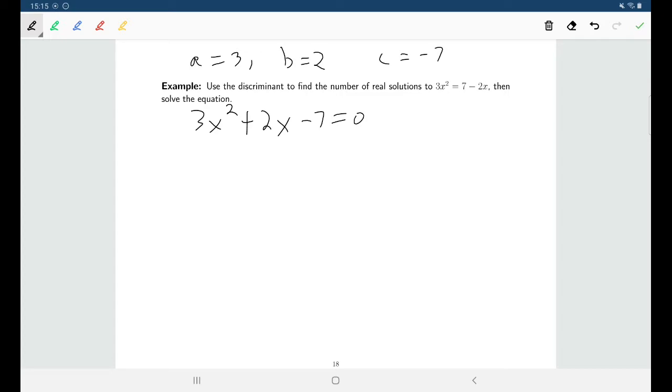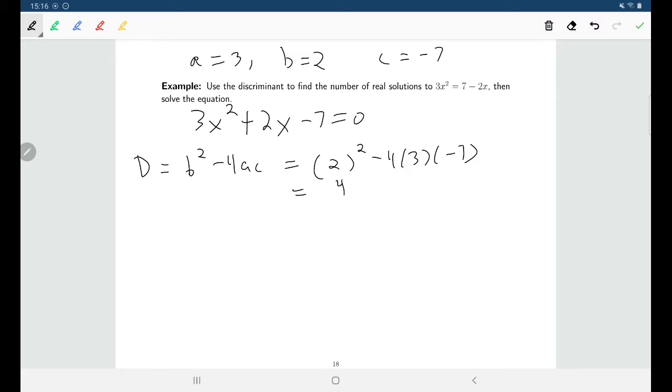So now, what do I need to do? Well, first off, we'll calculate our discriminant, and that is b squared minus 4ac, or in this case, that would be 2 squared minus 4 times 3 times negative 7. And if I were to run that through my calculator, 2 squared is 4.